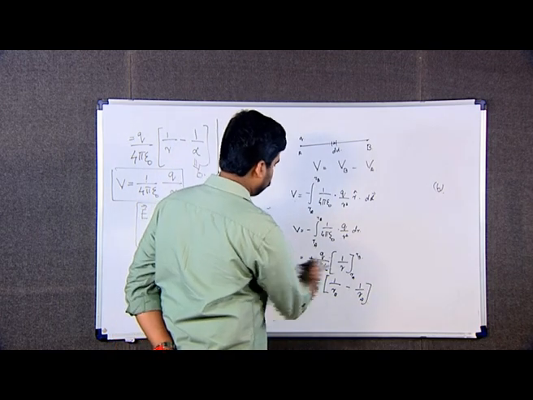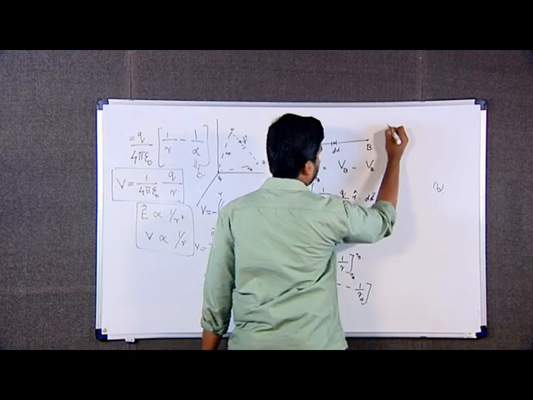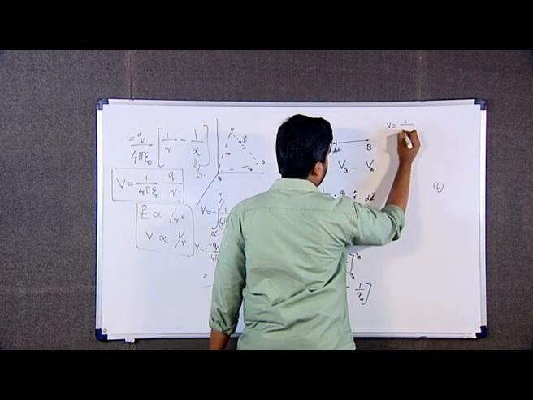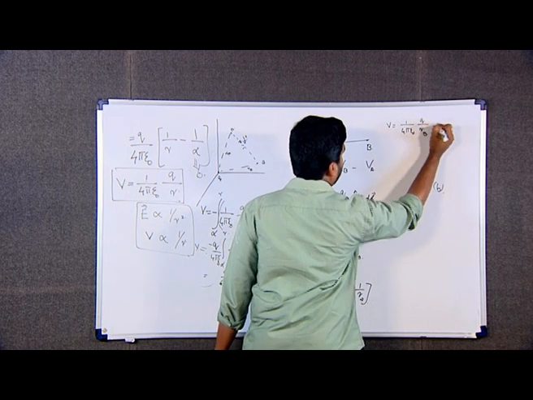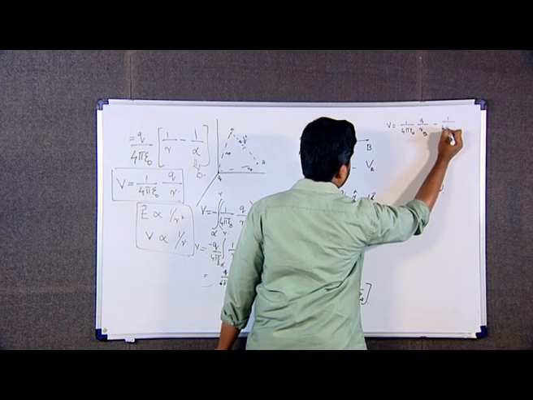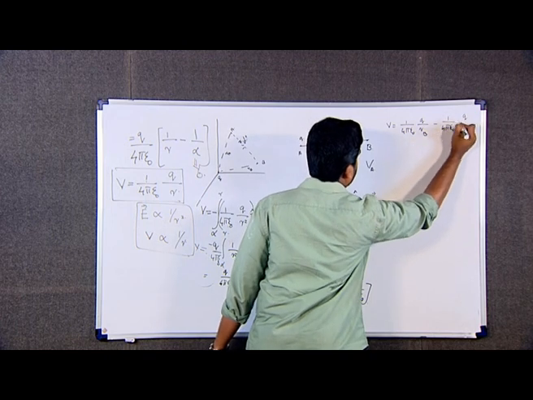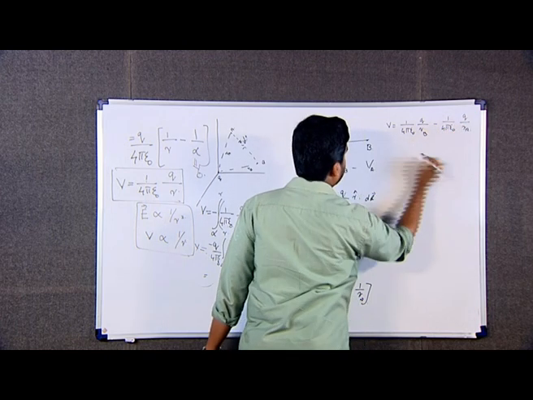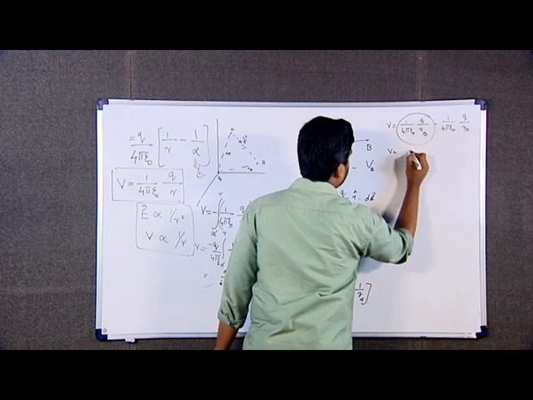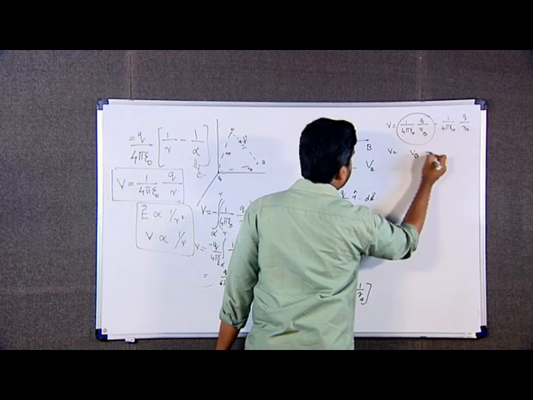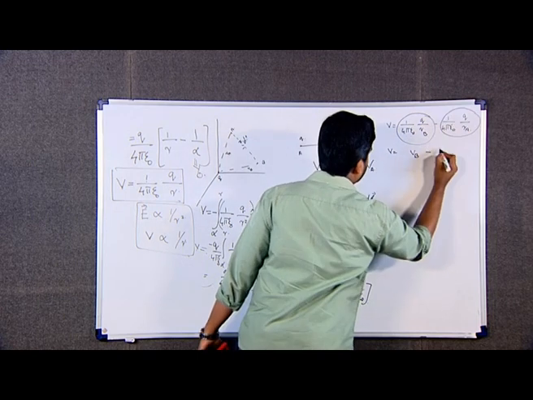If you check this equation, V is nothing but 1 by 4 pi epsilon 0 q by rb minus 1 by 4 pi epsilon 0 q by ra. That means V is equal to this, which I can call Vb, and this I can call Va.